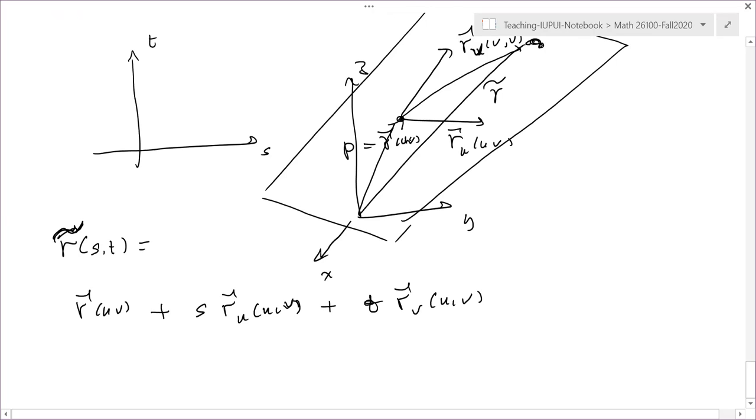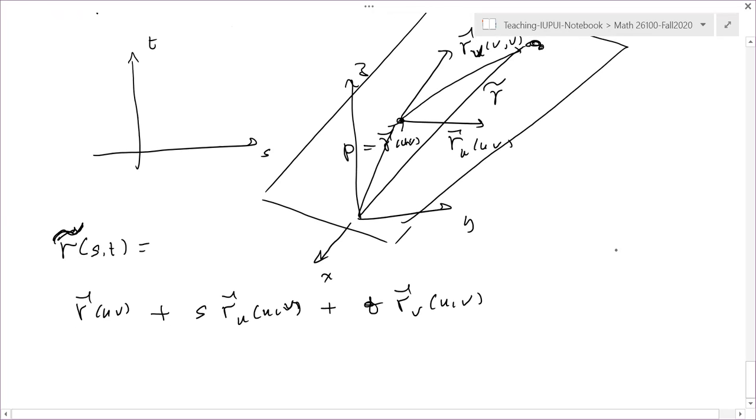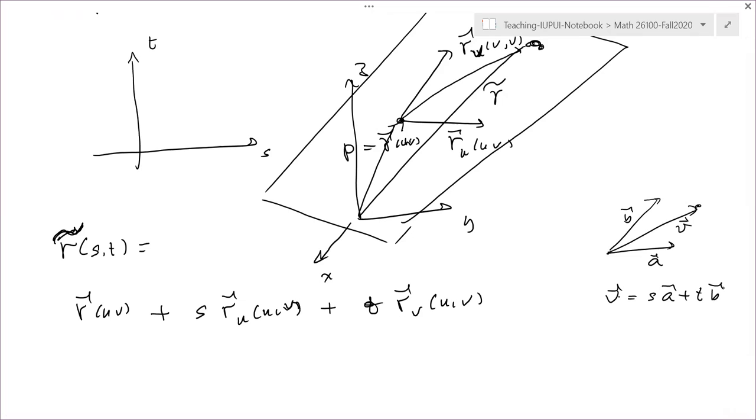Any vector here, if this is A and this is B, any vector in here, say V, is going to be a linear combination of these two vectors. So there are two different ways to describe the surface.